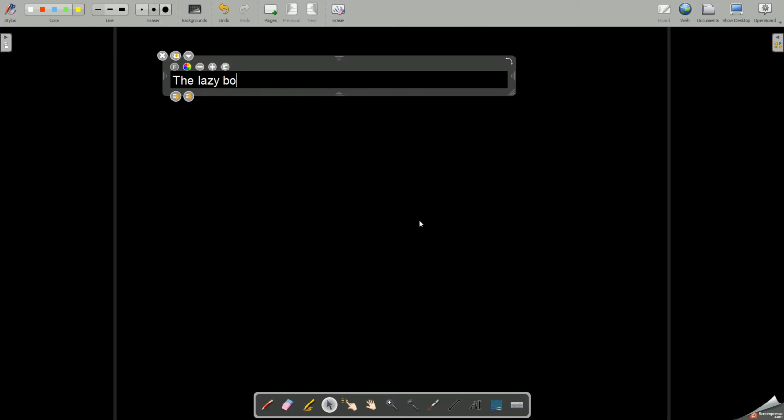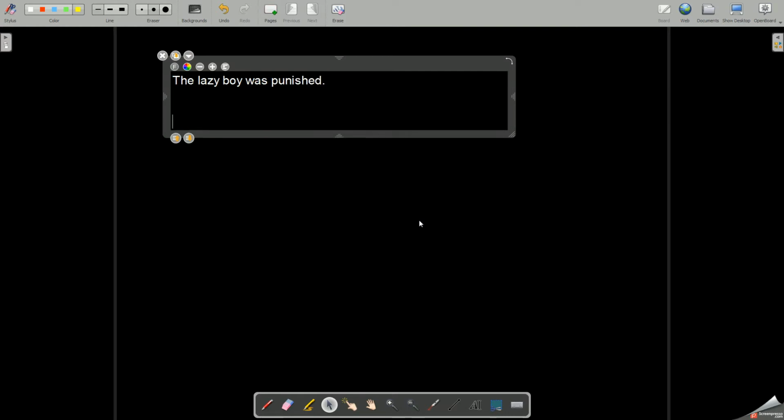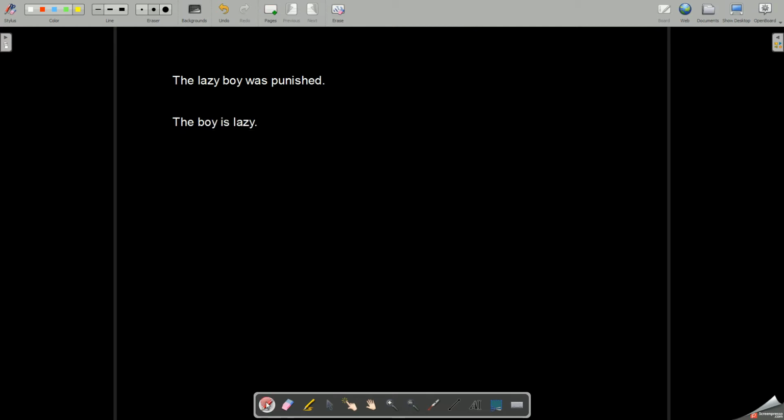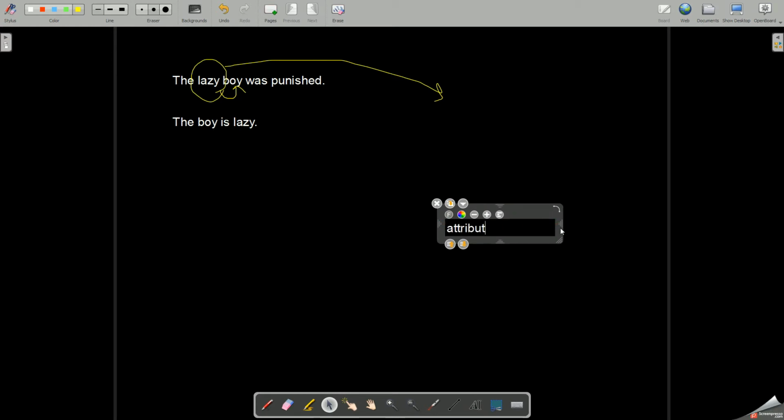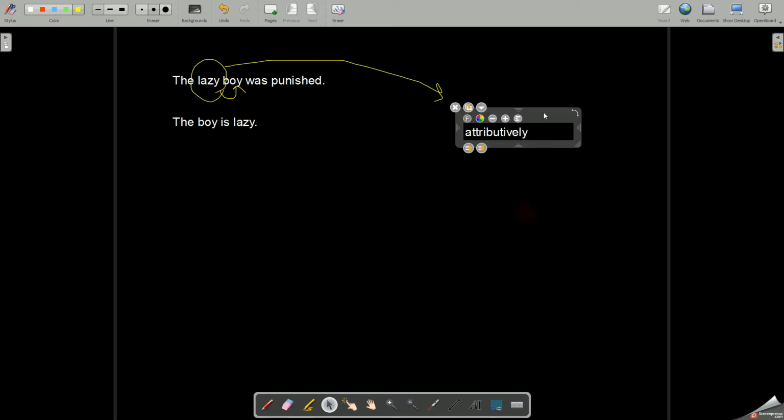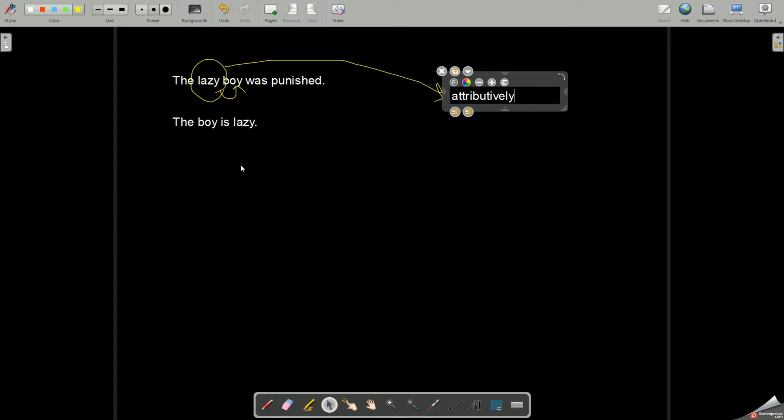In the first statement, the word lazy directly describes boy, hence it has been used attributively.